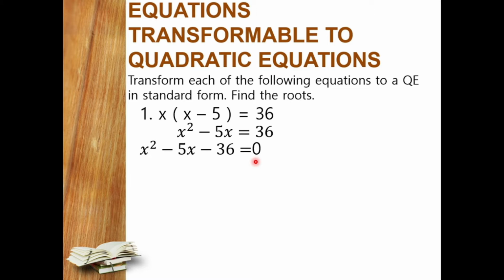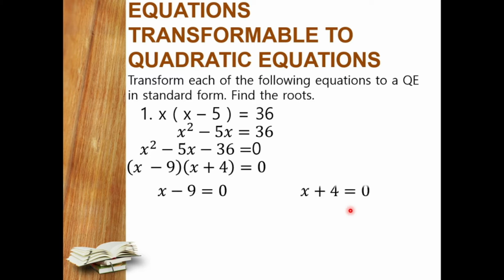We have x minus 9 times quantity x plus 4 is equal to 0. By applying the ZPP or the zero product property, we are going to equate each of the factors equal to 0. Thus, we have x minus 9 is equal to 0, and x plus 4 is equal to 0.